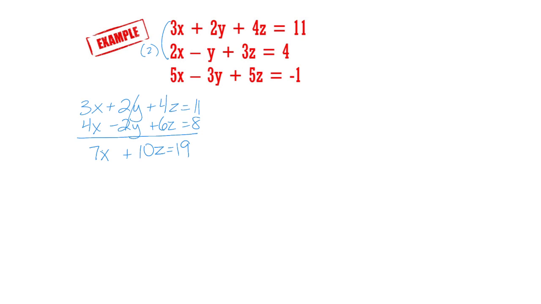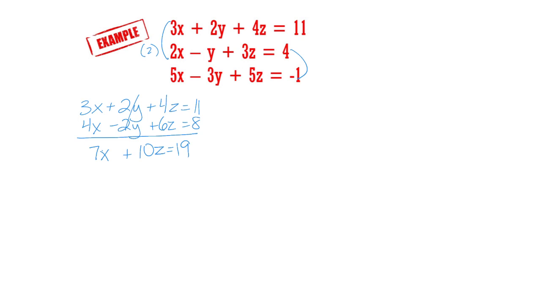Okay, if you like to letter your equations, that new equation would be probably equation D. Or 1, 2, 3, and this is 4, whatever you want to do. All right, so now I pick another 2 equations. I'm going to pick these 2. Again, I like that y.